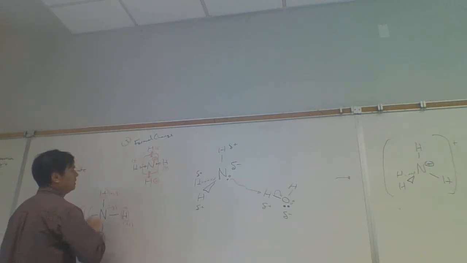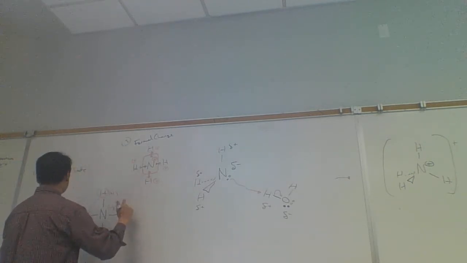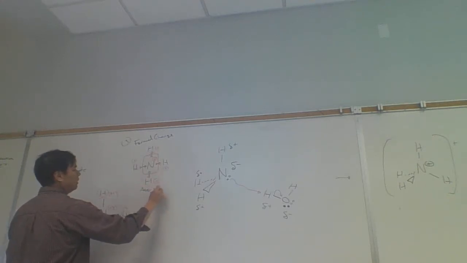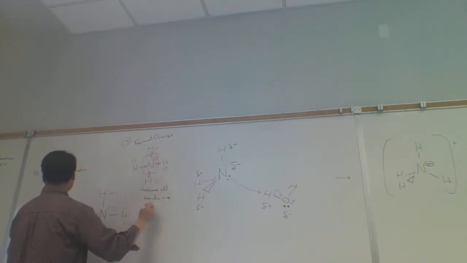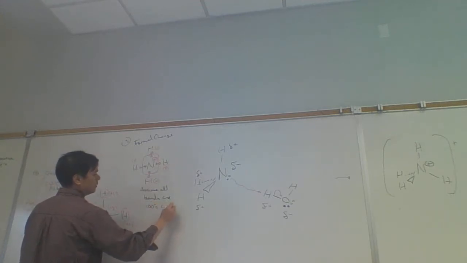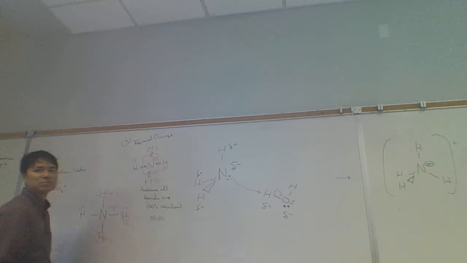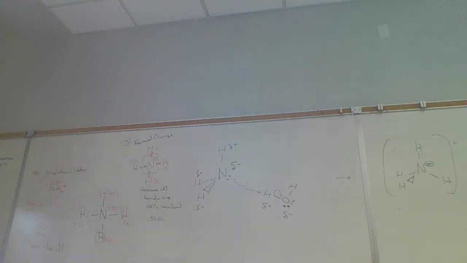And so this is what we call covalent. And so we assume all bonds are 100% covalent. And so I call this 50-50. Everything's split in half. 50-50 sharing.